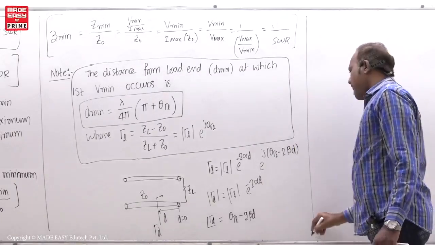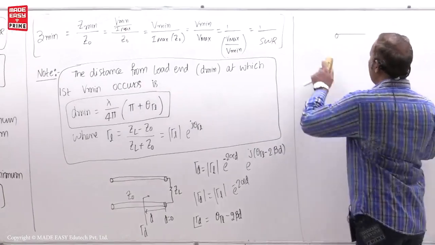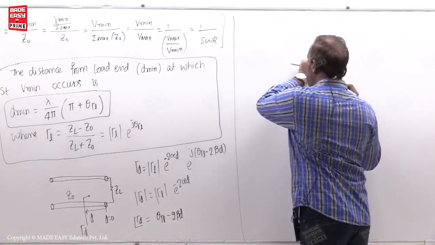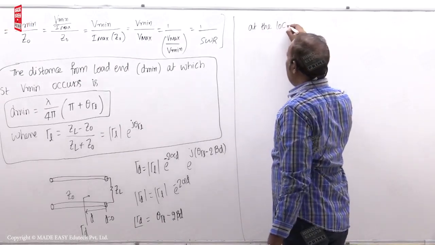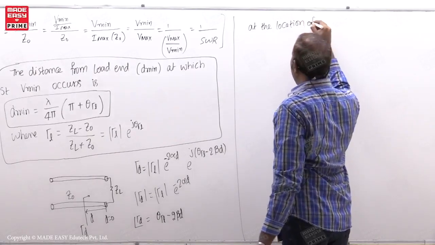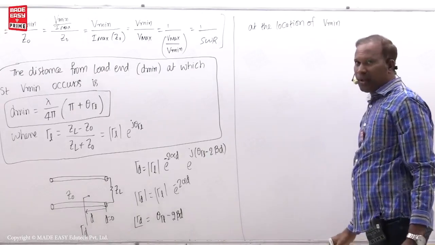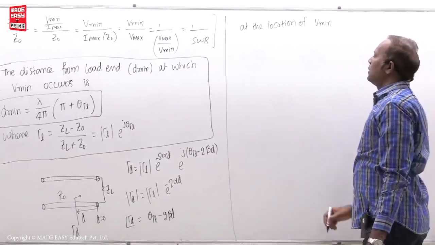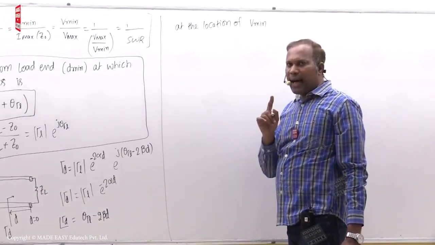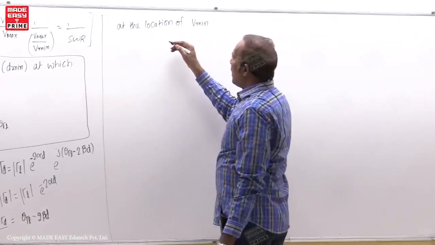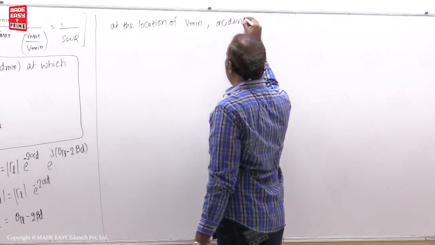Now at the location of V minimum, how do you get voltage minimum, dear friends? Incident voltage and reflected voltage have opposite sign.